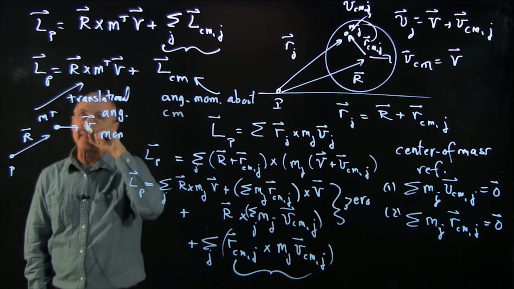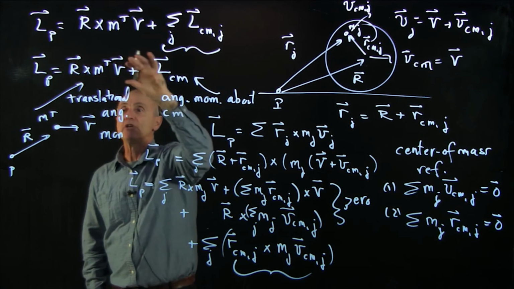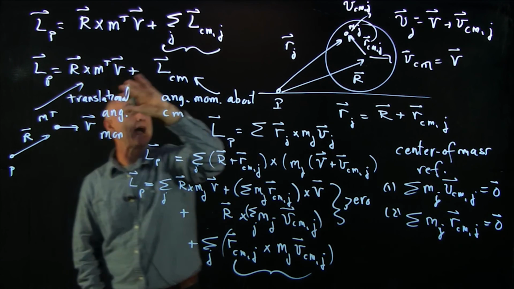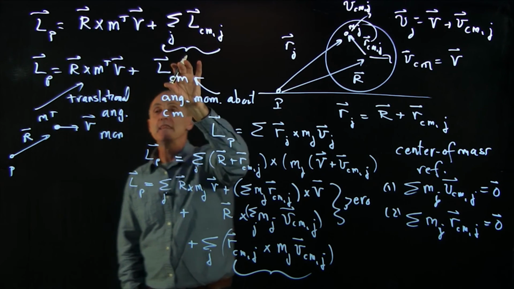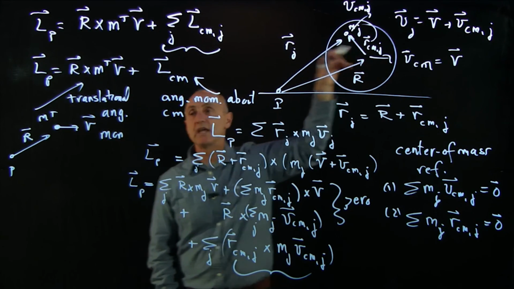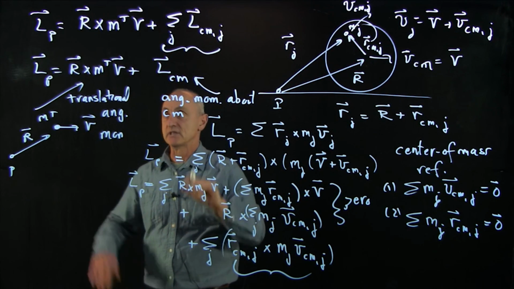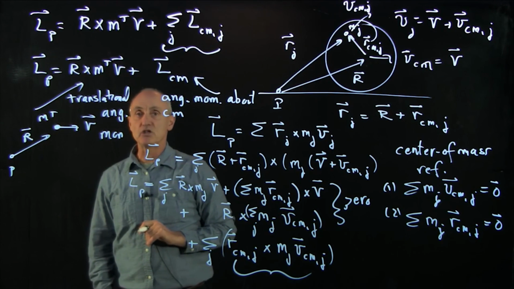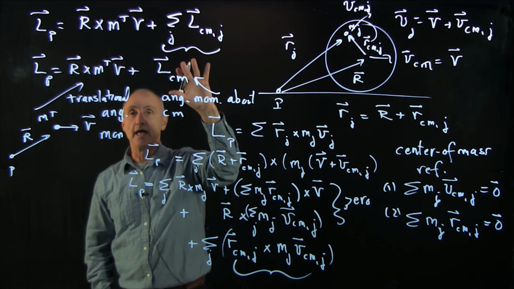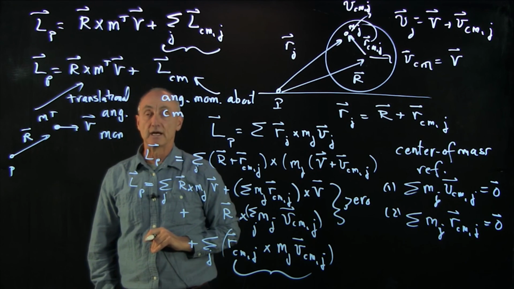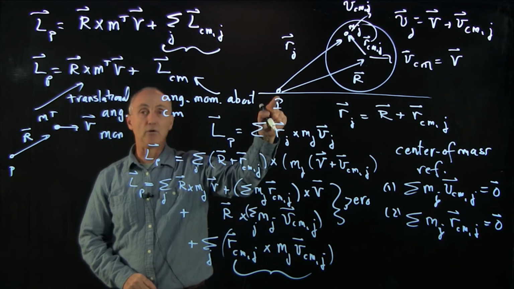So sometimes we can think of the angular momentum as corresponding to a translational part that has to do with the actual orbit of the object. You could call this orbital angular momentum. And this is the fact that the object is rotating. You could think of this as the spin angular momentum about the center of mass. This is the same type of decomposition that we saw with kinetic energy. There was a translational component of kinetic energy and a rotational component of kinetic energy. This is the analogous case for angular momentum about a point P.